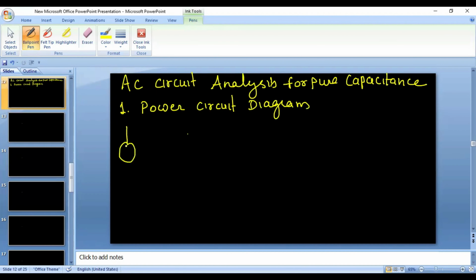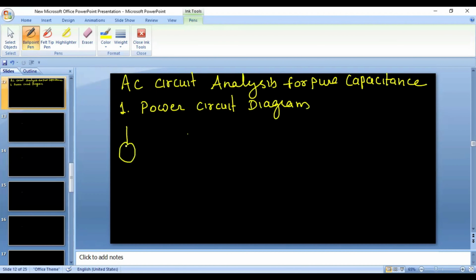Okay. So finally, we have two equations: the supply voltage equation, which we write as Vm sin omega t, and the current expression which I have determined, that is Im sin omega t plus 90.